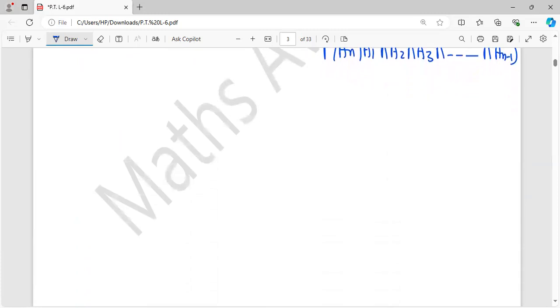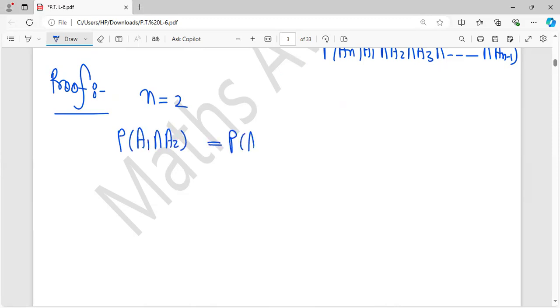So let's see its proof, how it follows. Okay. So we'll prove it by induction. For n is equal to 2, what is this? P of A1 intersection A2 is equal to P of A1 into P of A2 relative to A1.